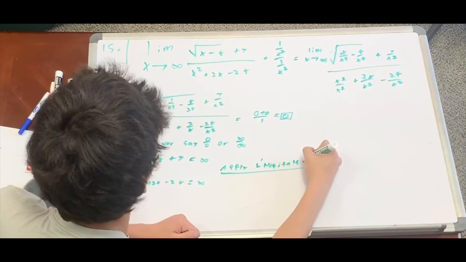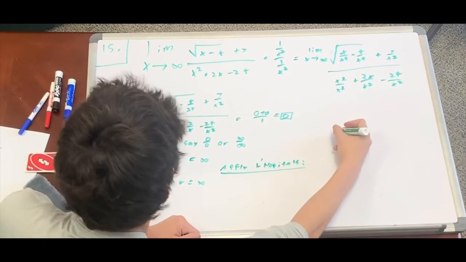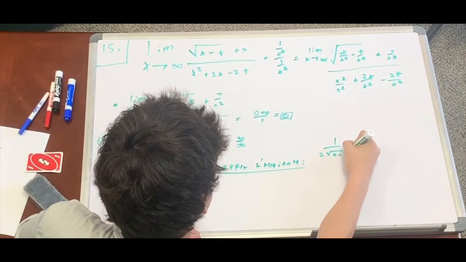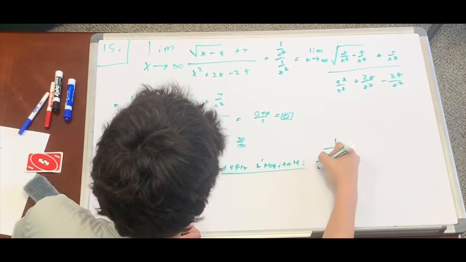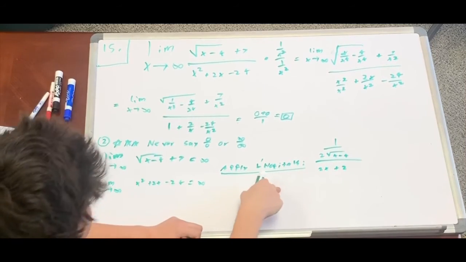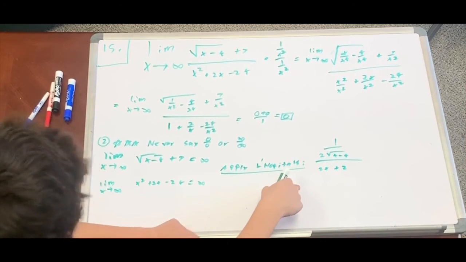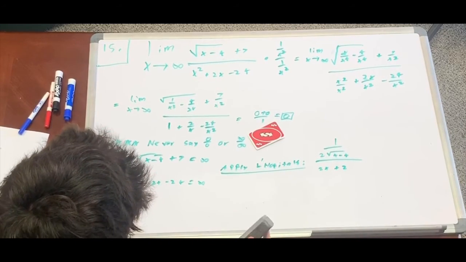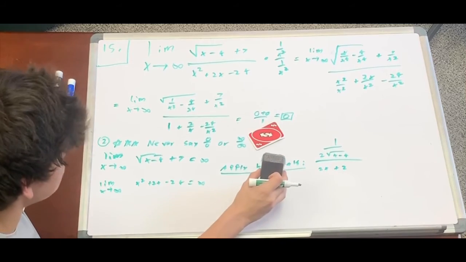Apply L'Hopital's, and then you'll get, remember derivatives, 1 over 2 square root x minus 4 over 2x plus 2. And it's not good to have a fraction over fraction. Oh, reverse your note card again, I made a mistake. Remember to not drop the limit, guys.